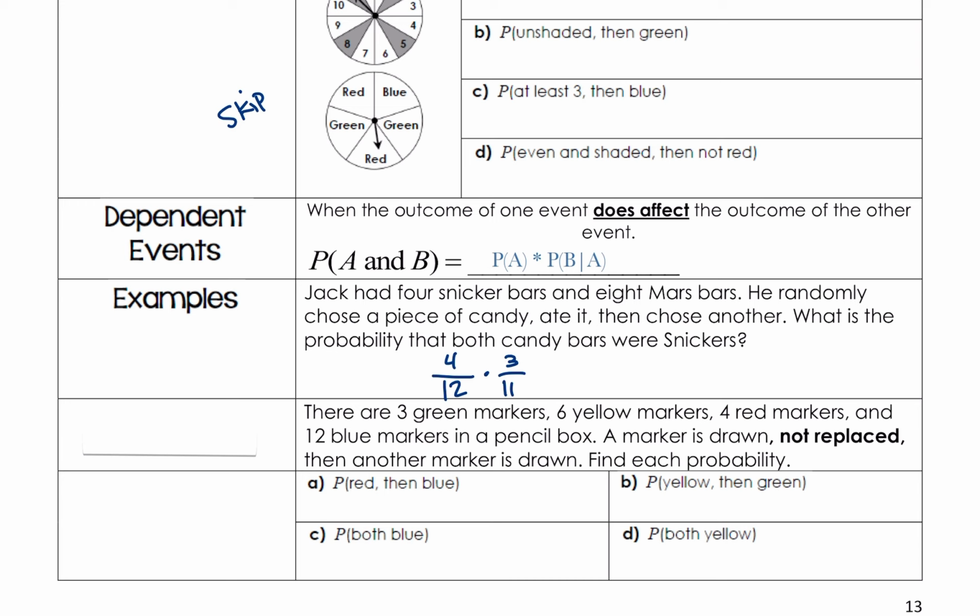When we multiply these together, we get 12 over 132, and that simplifies down to 1 over 11. So we have a 1 out of 11 chance of reaching into Jack's bag and eating 2 Snicker bars in a row.